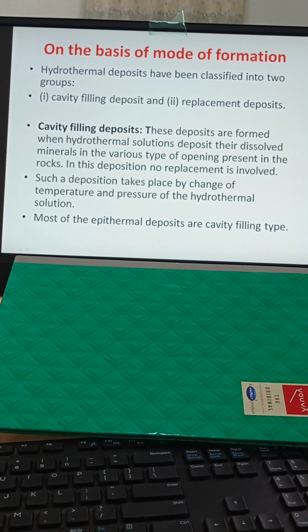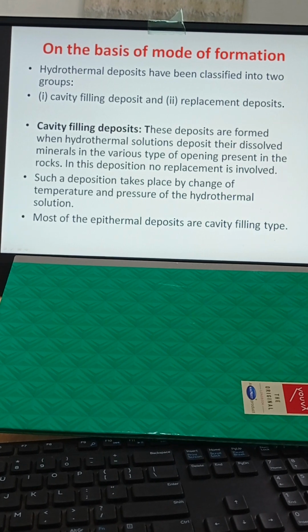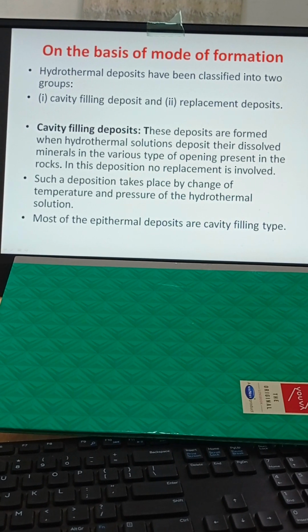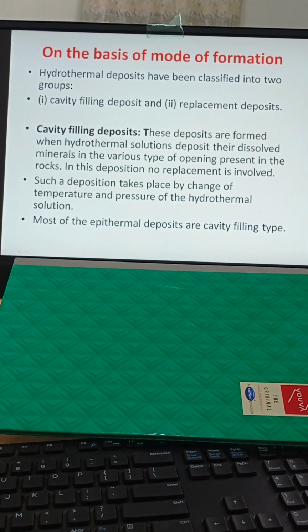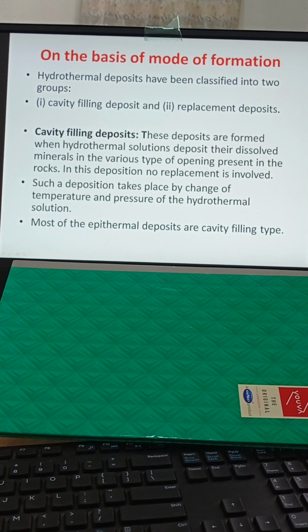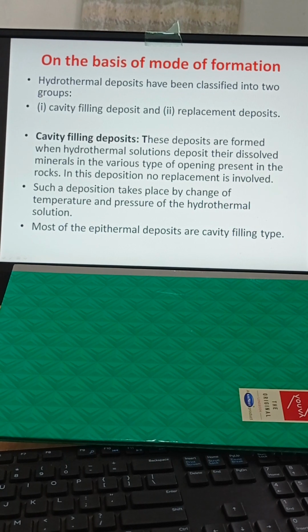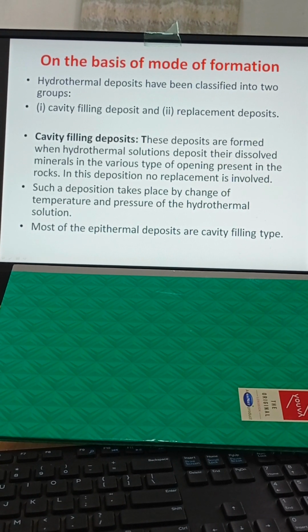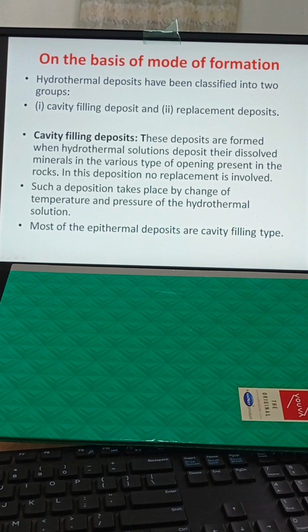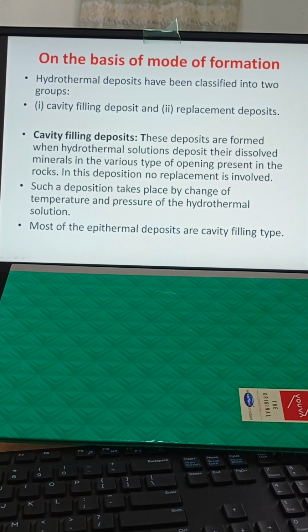Now, the second classification is based on the mode of formation and the genesis of the deposits. Hydrothermal deposits have been classified into two groups. Number one is cavity filling deposit, and second is replacement deposit. What is a cavity filling deposit?